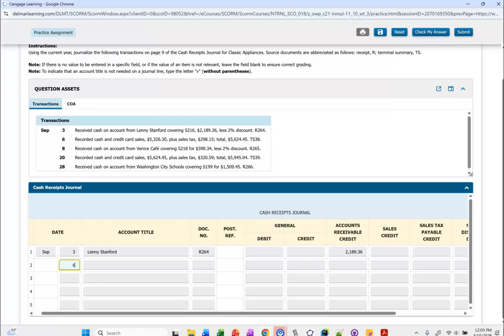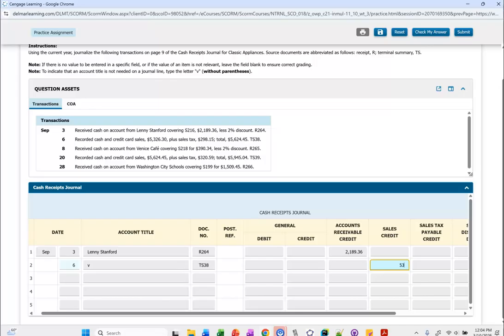Next transaction occurred on the 6th. It says cash and credit card sales. That is going to be our check mark. And that was from the terminal summary number 38, so TS 38. So that was a sales credit. Everybody's okay, because this is from sales. See how it says sales on there?